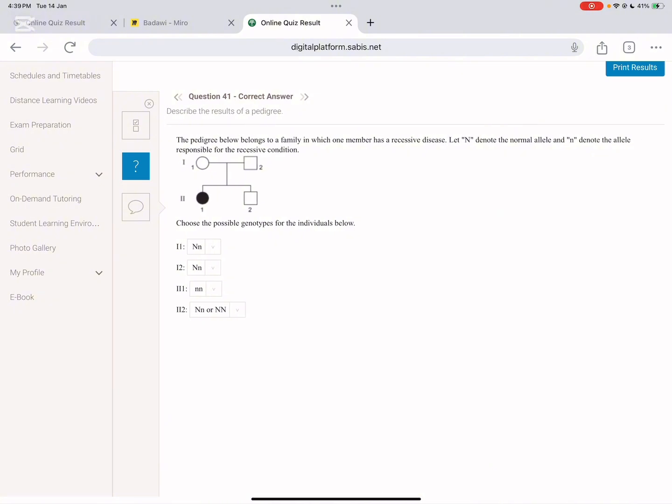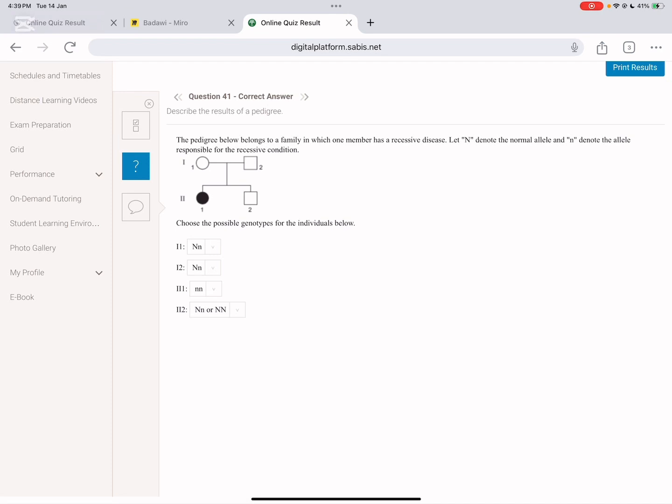Okay, let capital N denote the normal allele and small n denote the allele responsible for the recessive condition. So, both parents, they're asking for the genotype. Since they have a member who has the disease, the parents should be heterozygous. So that's why you put heterozygous.